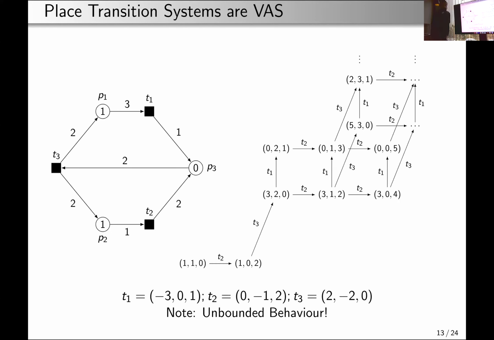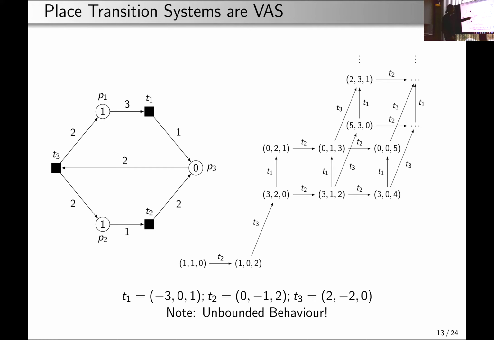Okay. But this leads back to the structural properties I was giving earlier. In order for this to hold, the net system needs to be pure.